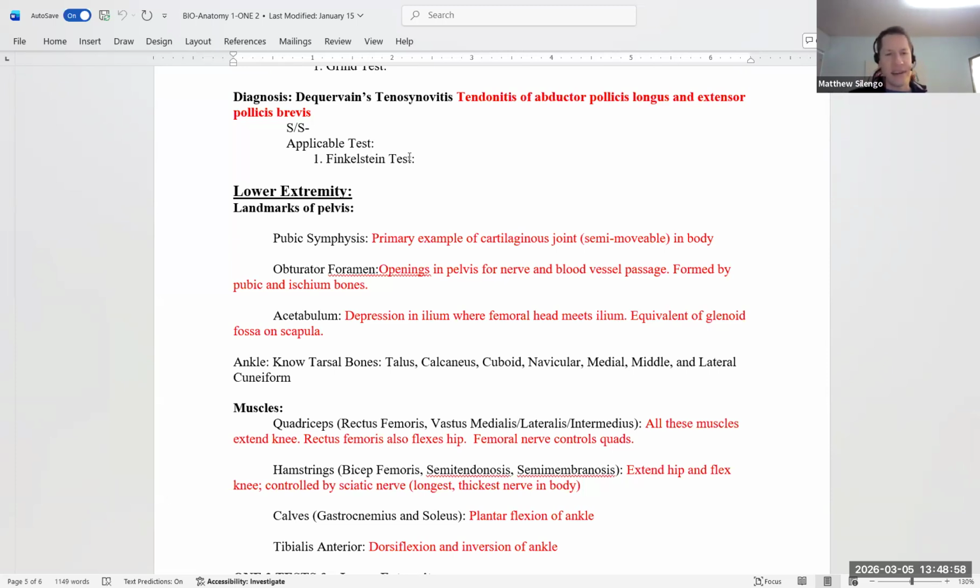So Finkelstein's test tests for de Quervain's tenosynovitis. And so just one of those things you want to know, just how they named the test. That's the doctor that came up with it. They named it after the doctor, and the condition is named after somebody else. I know. So anyway, just make sure you know that.